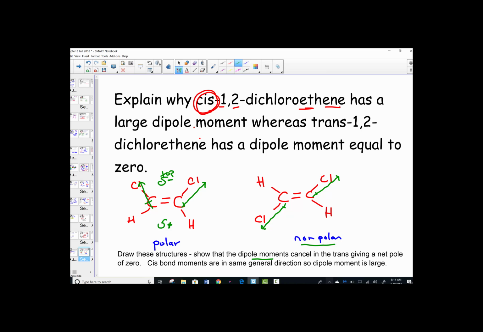The dipole moments cancel one another in the trans, giving a net dipole of 0. In the cis, they are in the same direction, so the dipole moment is quite large. So the stereochemistry, the way that the atoms arrange themselves in the molecules, really does matter, especially with cis-trans on the double bond.